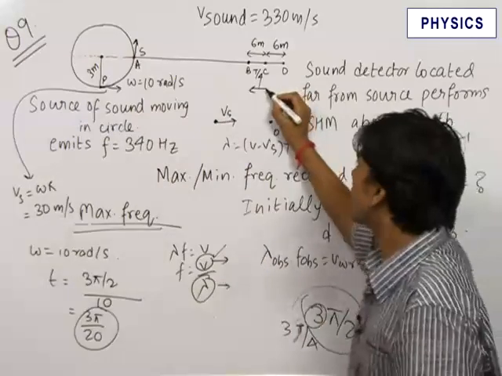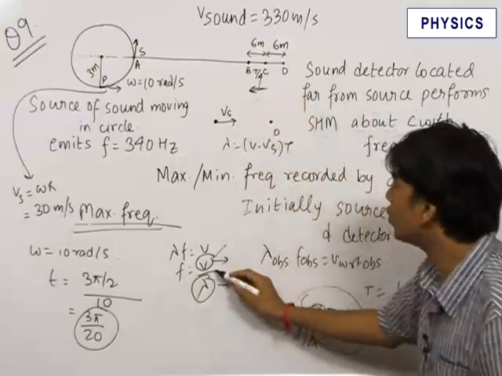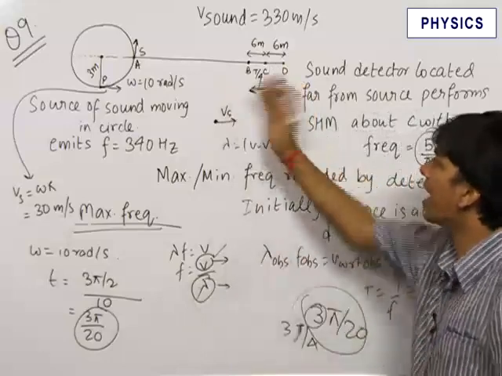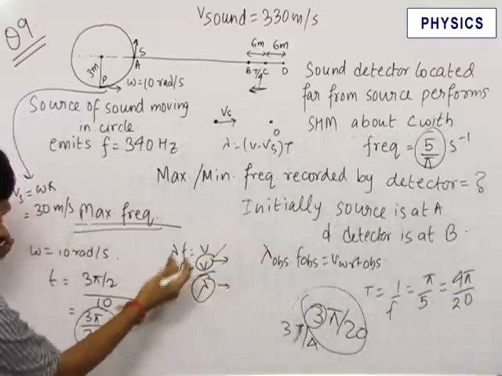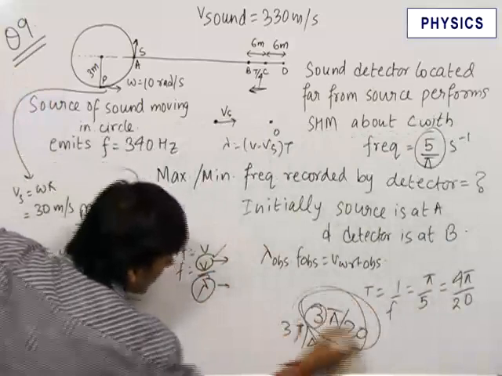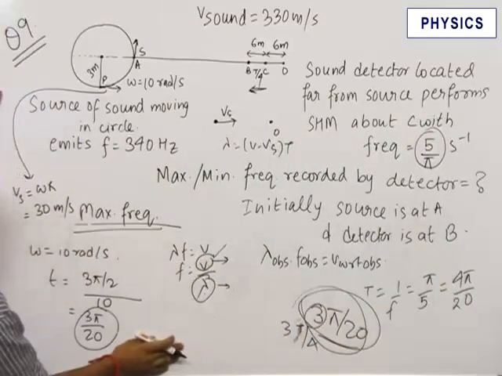This is because when the detector has velocity in this direction, then the velocity of sound with respect to the detector will be maximum, because this velocity will be added up in the velocity of sound. Therefore we have done two things at the same time after time 3 pi by 20, that is we have minimized lambda and maximized V.